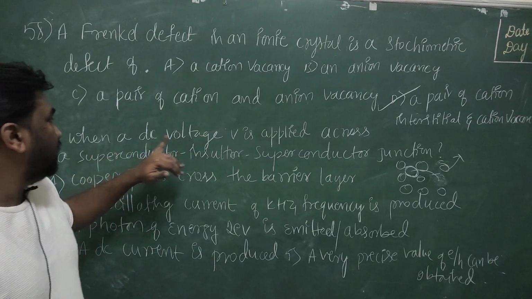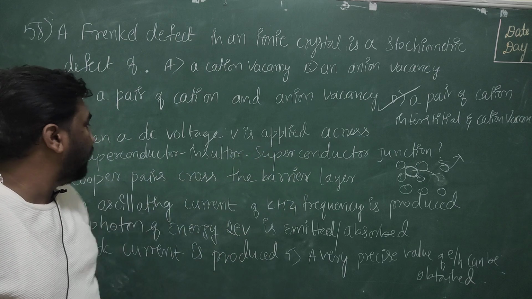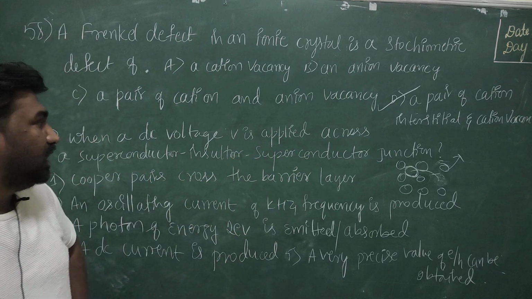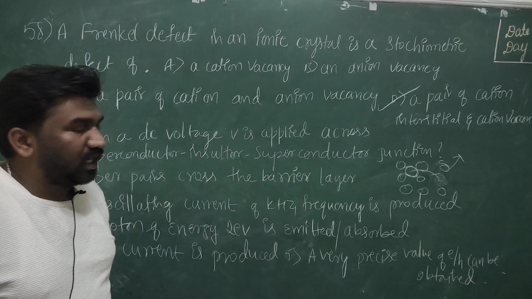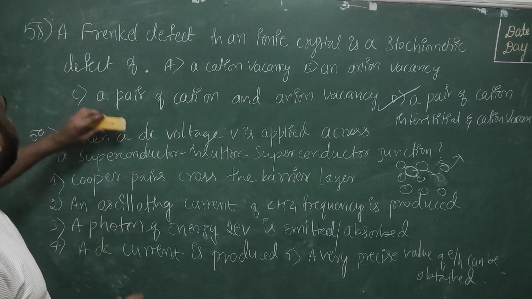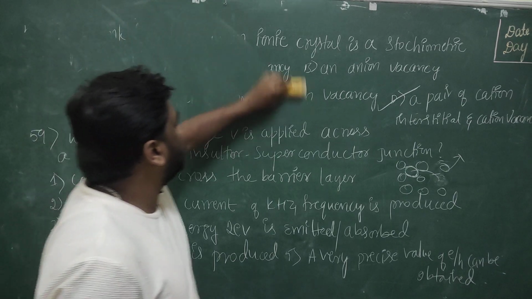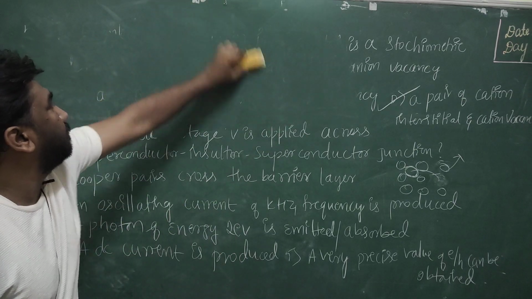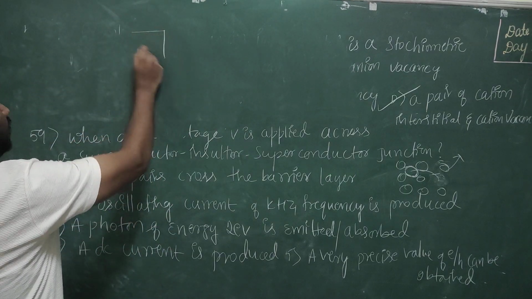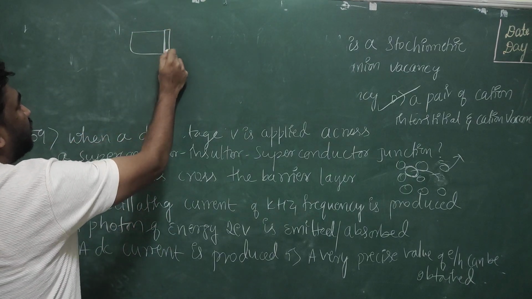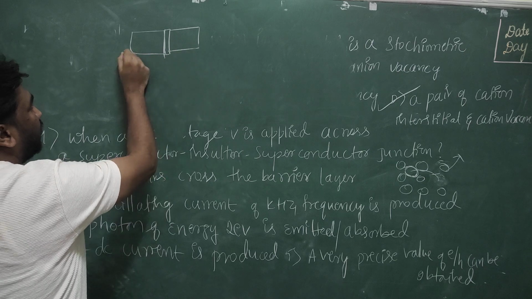When a DC voltage V is applied across a superconductor, insulator, superconductor junction, see, suppose this is a superconductor, this is a thin insulator material and this is a superconductor.